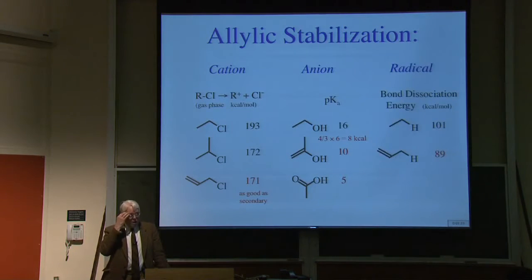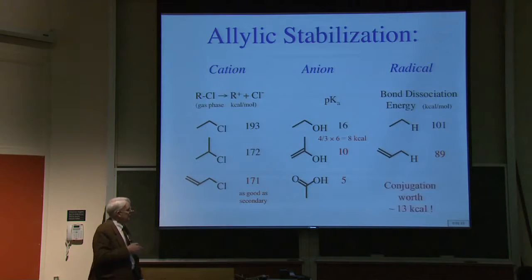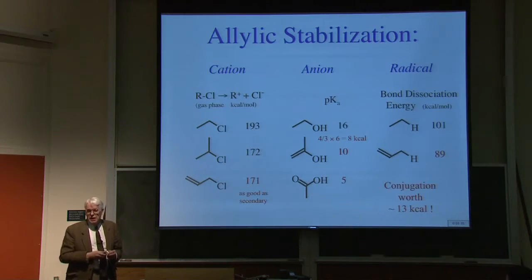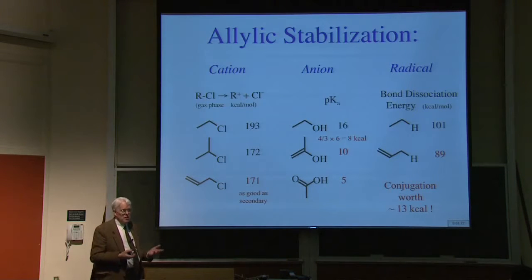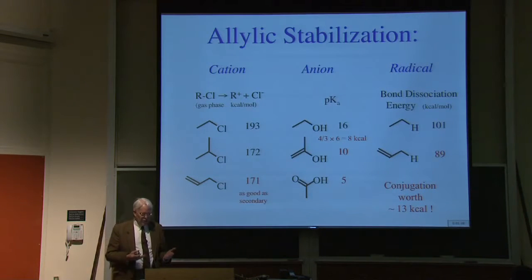Or free radicals. If you look at the bond dissociation energy of a normal CH bond, 101, but if you make a double bond next door so that this is allylic, it's 89. It's stabilized by about 13 kilocalories per mole. So there's stabilization of these reactive intermediates when they're allylic.